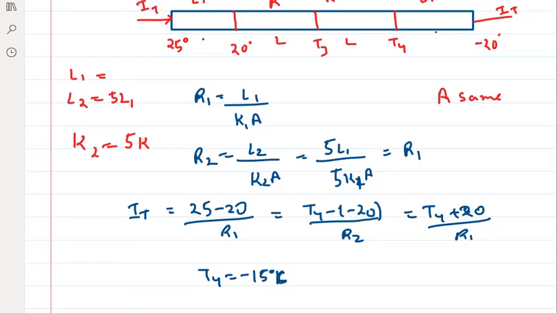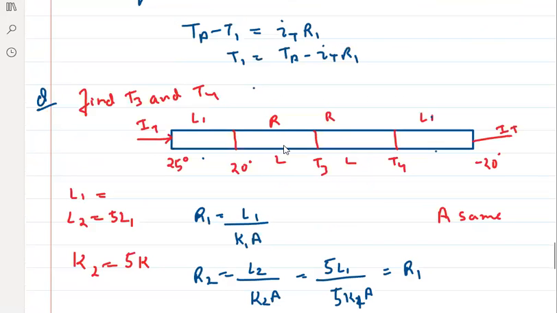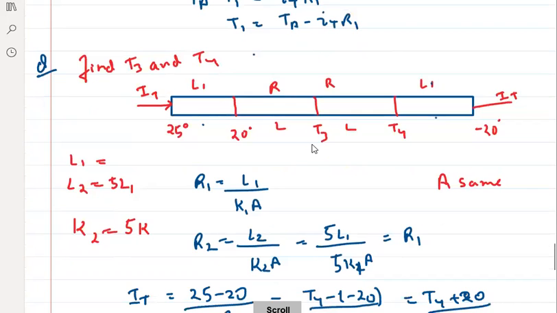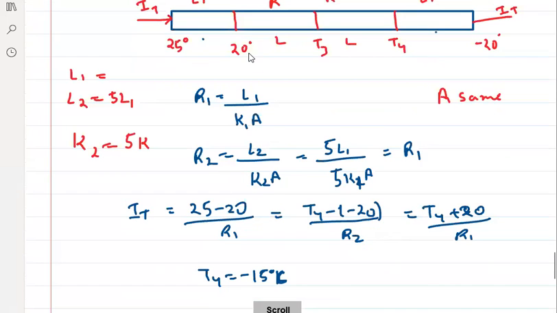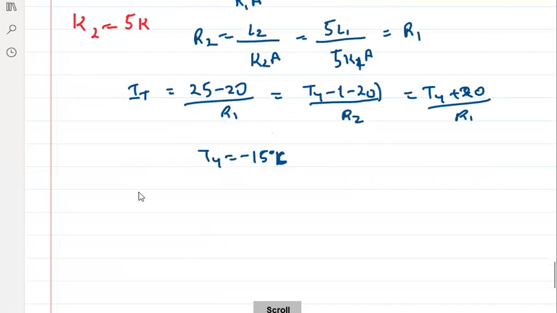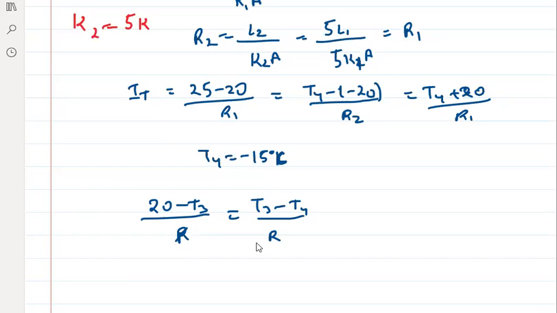So T4 you got. Now, neither R nor L is given, right? This is L. Okay, but we don't need it because we can say 20 minus T3 minus T4 by R. Yes, R will get cancelled. T4 we calculated.